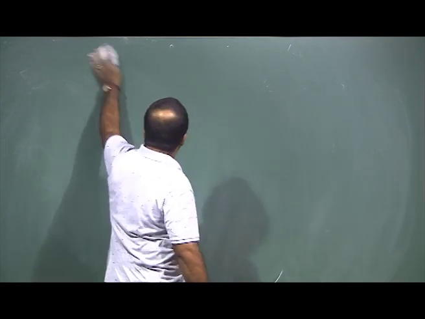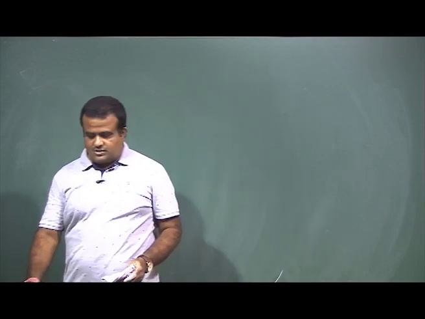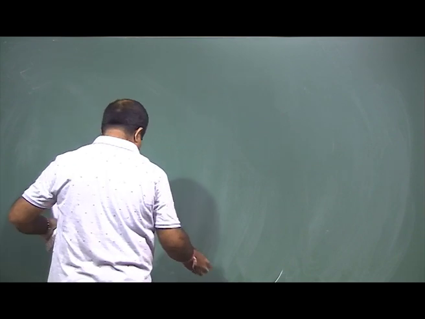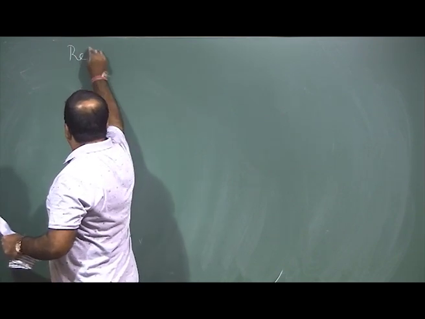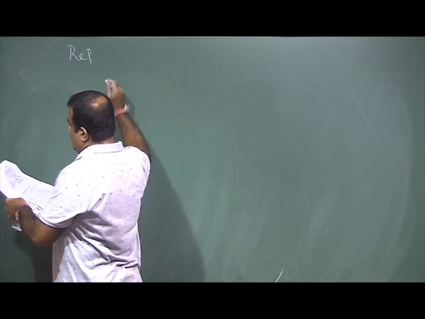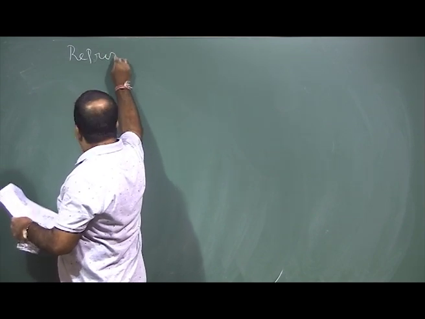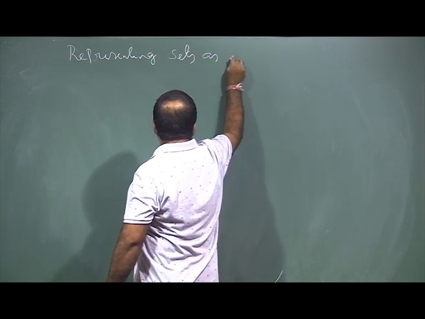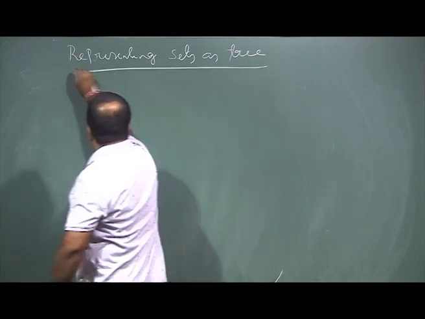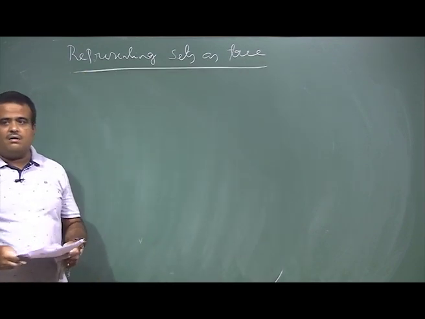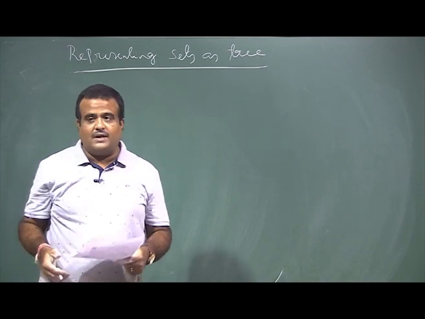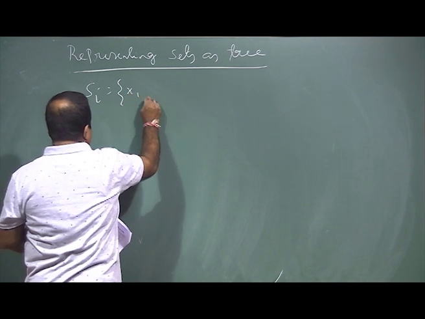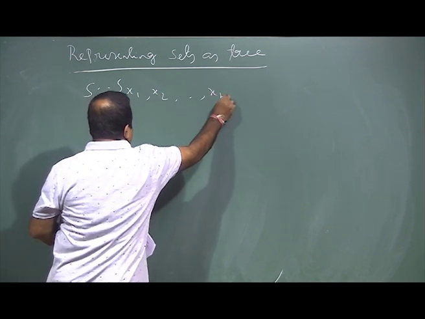For that we need to bring the data structure, which is the tree. So let us bring the tree representation, representing sets as trees. Here we are not dealing with a binary tree, or a balanced tree. Suppose we have a set x1, x2, ..., xk.